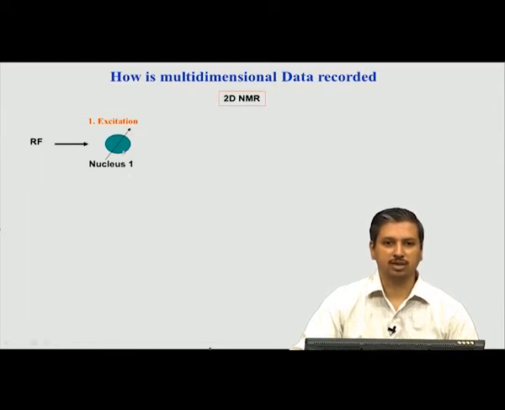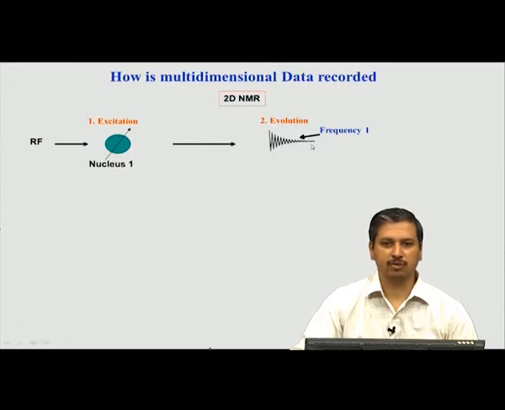You apply an excitation pulse on that nucleus, and after the pulse is removed, like we saw in the 1D, the system starts to relax back to equilibrium, and during that period again there is an oscillation. In the 1D NMR we captured this as a FID, but in 2D we do not do that. You do not take the FID at this stage, you let it evolve, let it oscillate in the xy plane and let it decay.